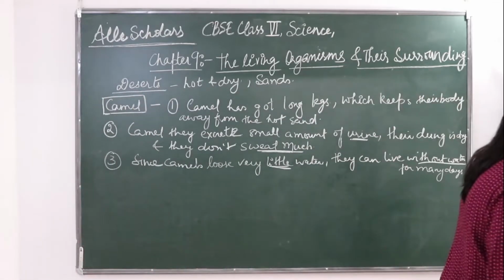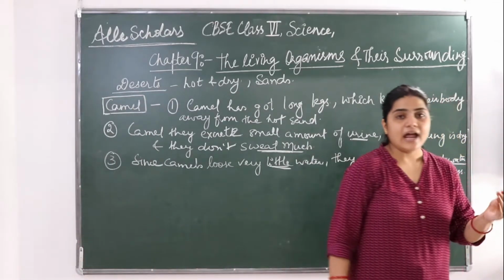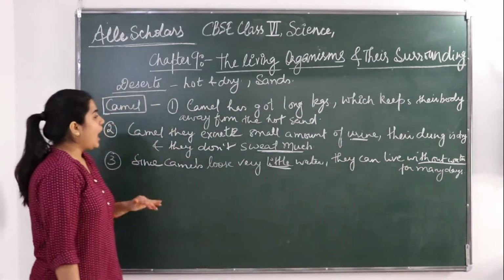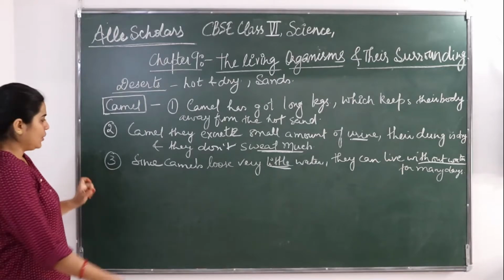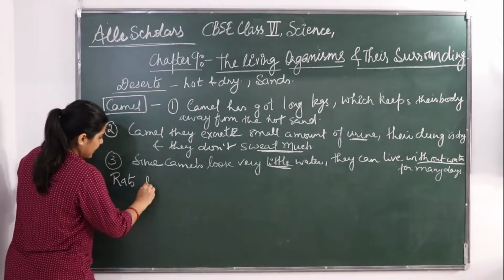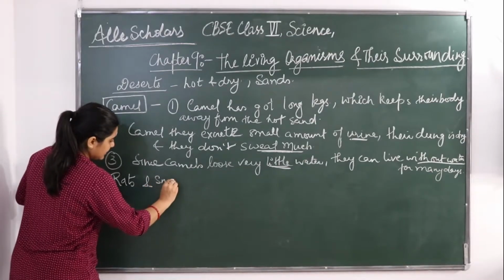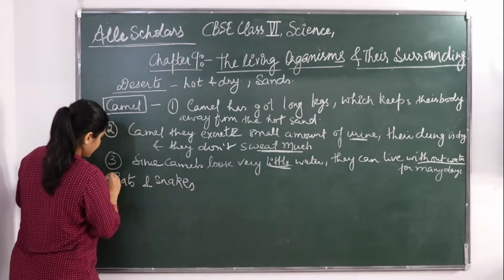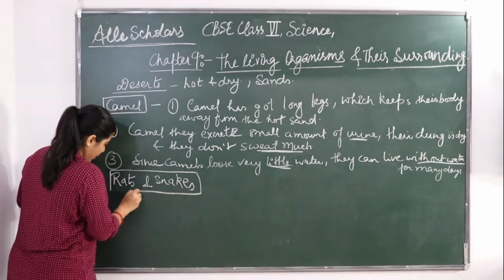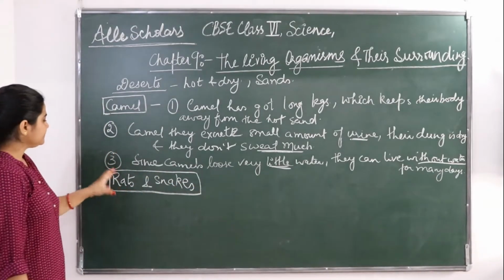Now if we talk about animals like rats, snakes, which are also present in desert, how do they survive? Okay, so next we are going to talk about rats and snakes. Okay, so these are not desert animals like camels. So how can they survive?